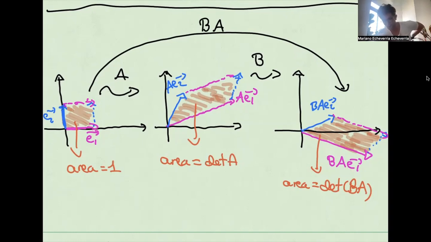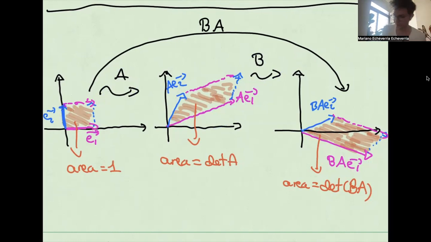So you start with the unit square. When you multiply each side of the unit square by A, you get a new parallelogram. And when you multiply each of these sides by B, you get another parallelogram. So we ended up with a third parallelogram.